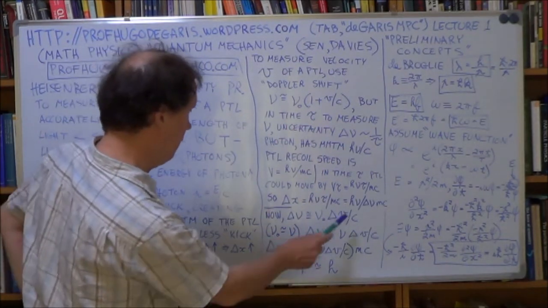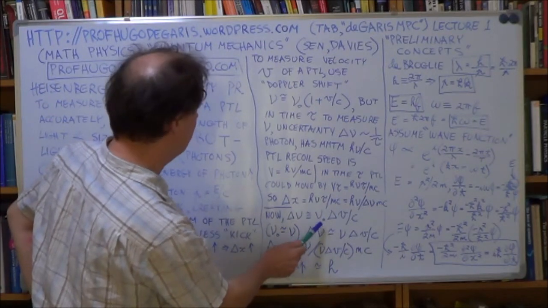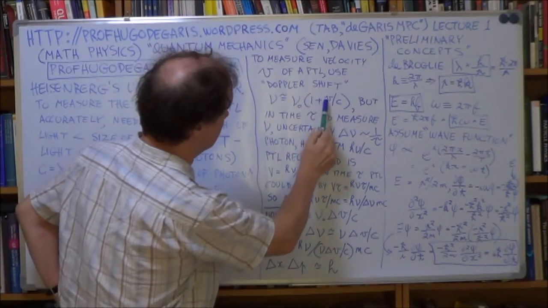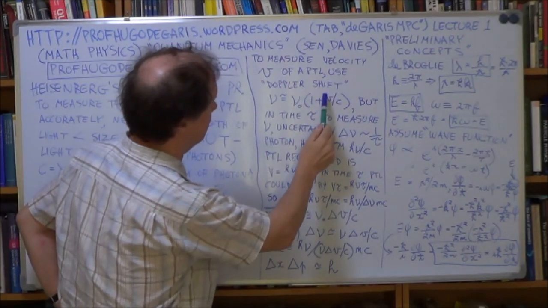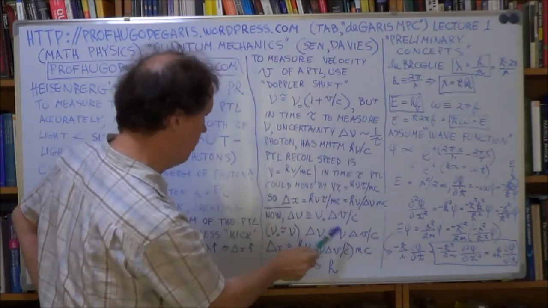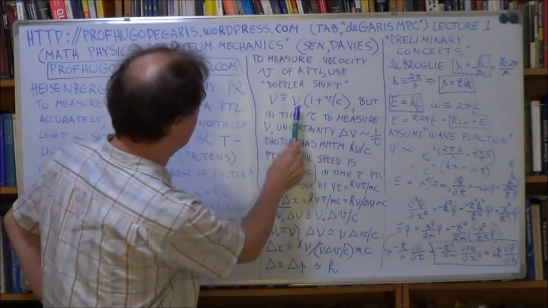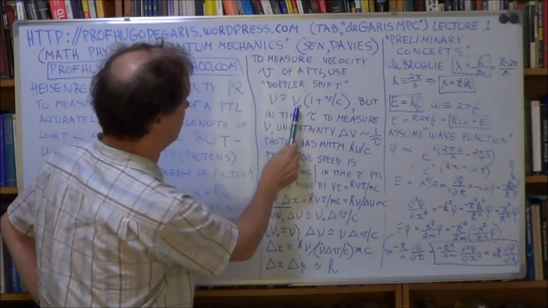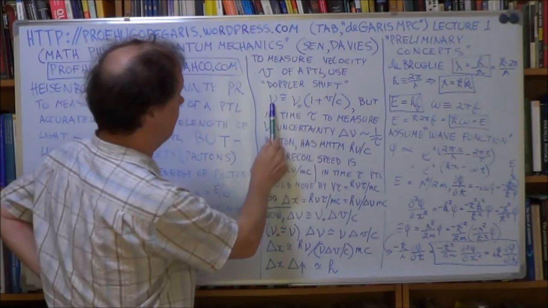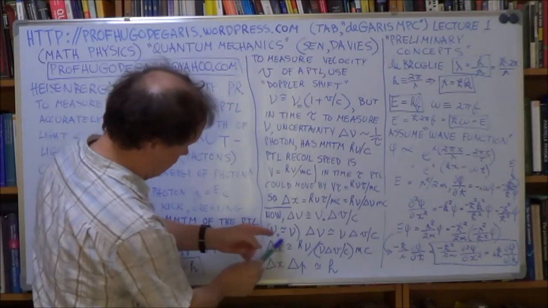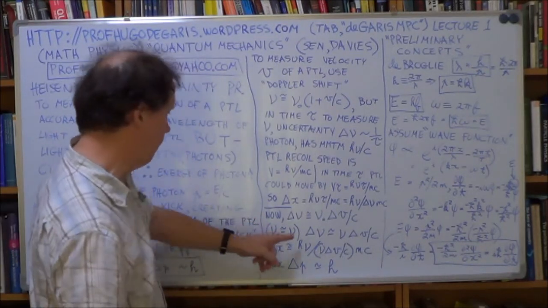So delta will be delta here, or you can take the delta inside because this is a constant. You get delta v over c, which is here. But we've just said that this value here is pretty much the same as this one. So approximate this one by this one. Right? Which is what's being said here.